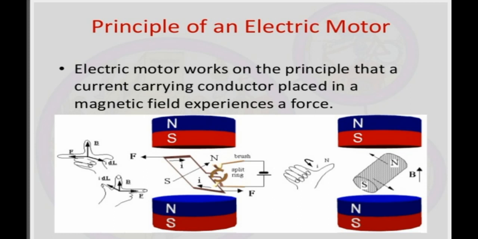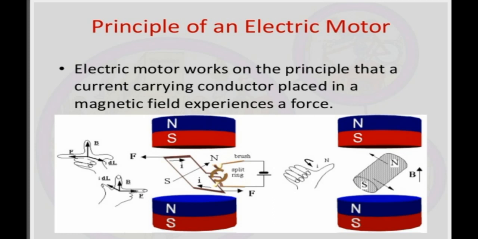Then only you can find the motion of a conductor, because we know two things: we know the magnetic field, and we know the direction of current. By using these two we can find the third one, that is the motion of the conductor, which the thumb shows. So an electric motor is a rotating device which converts electrical energy into mechanical energy.